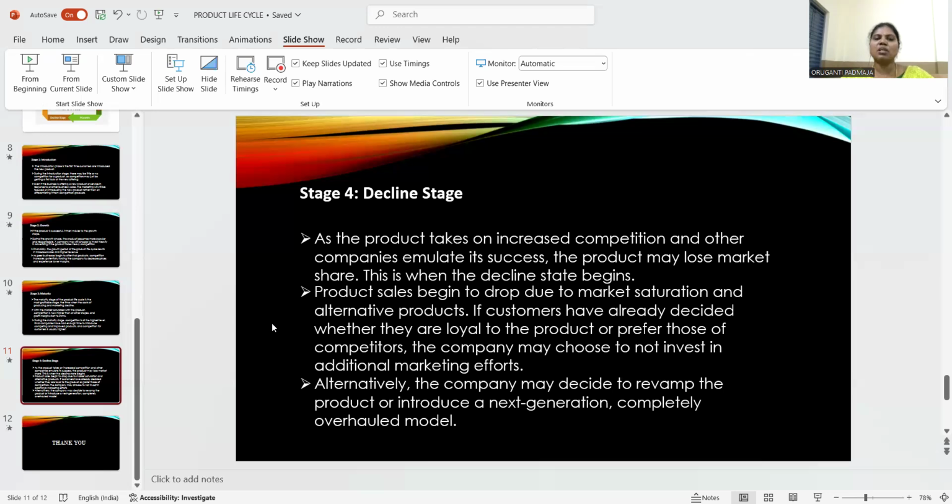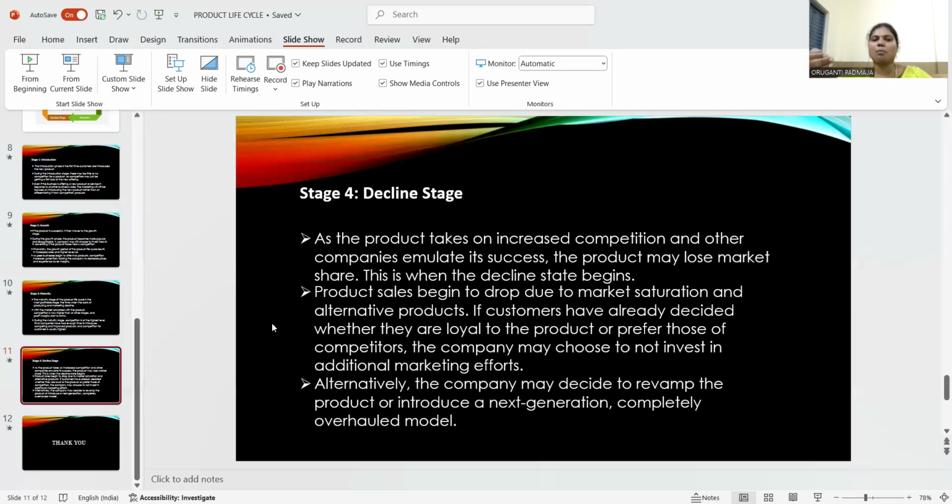Then the company started with another product, Colgate paste, which also went through the four stages. The company then introduced Colgate salt, which also went through the four stages.